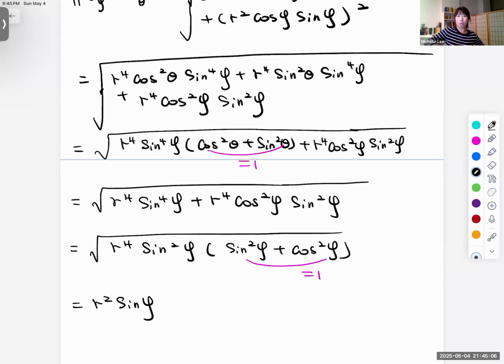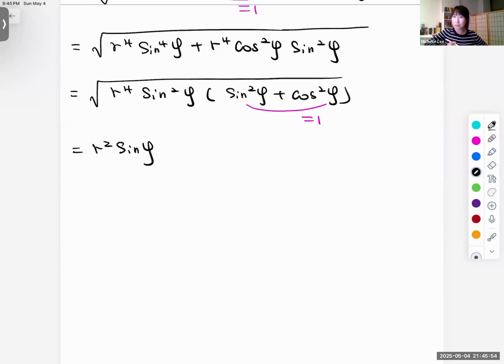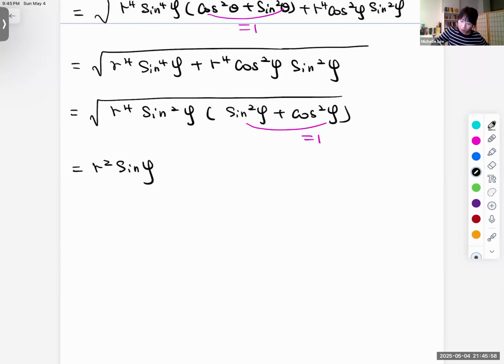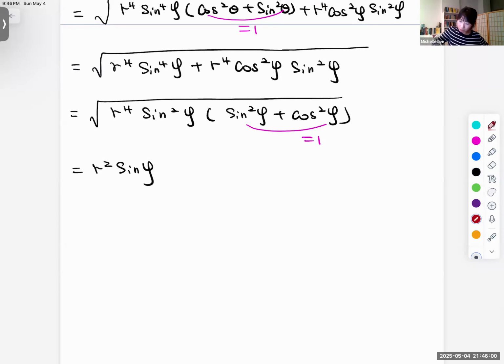Now we want to find the surface area, right? So we had the formula, the magnitude of. So we are using this way.